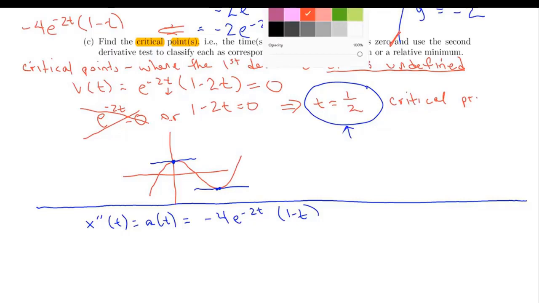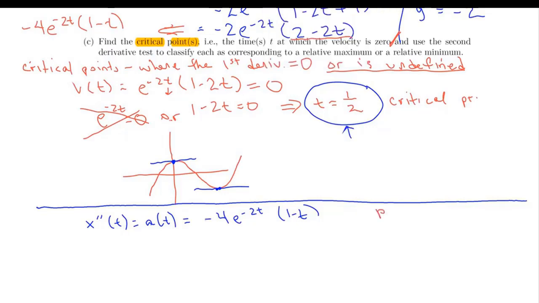I use my second derivative and plug in t equals 1/2. And then what the second derivative test says is that if the second derivative, we'll call this a of t, but it's any second derivative, it's not always acceleration.